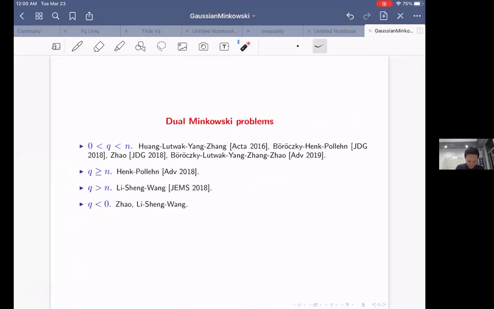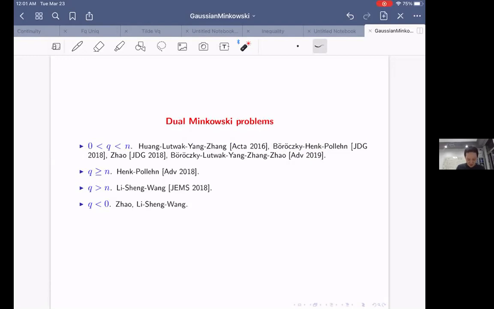And for the case q belongs to 0 to n, HLYZ themselves partly solved the problem. In the paper of Böröczky, Henk, and Pollehn, they found an optimal necessary condition.